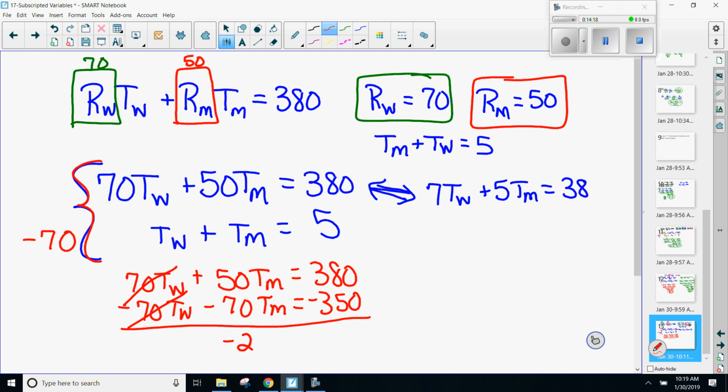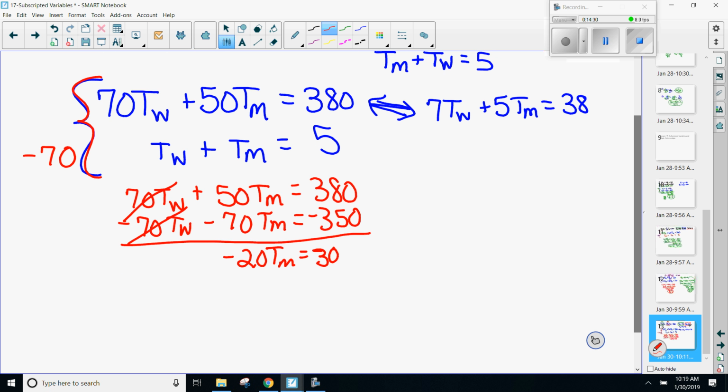We get negative 20 T sub M equals negative, positive 30. So we divide by, and what are we ending up? T sub M is negative 3/2.